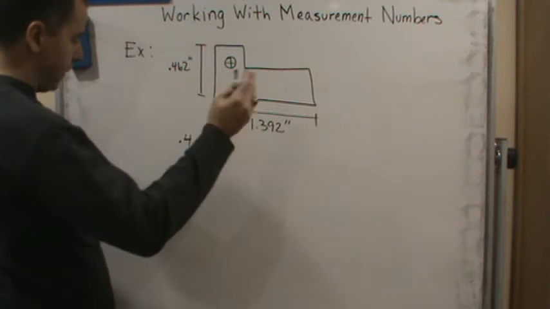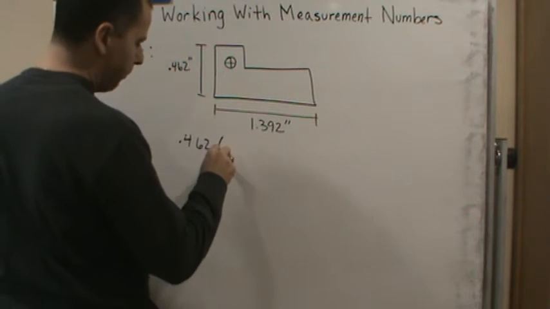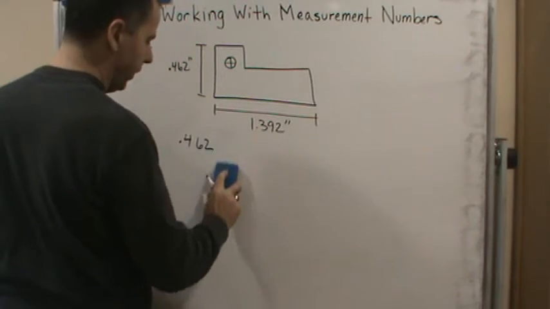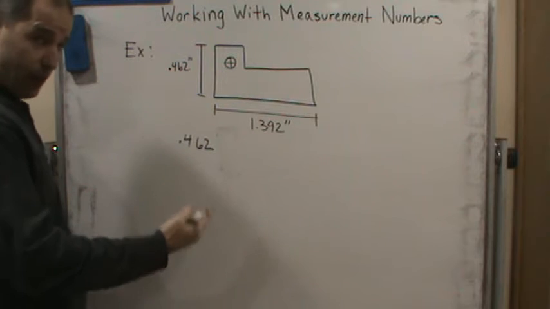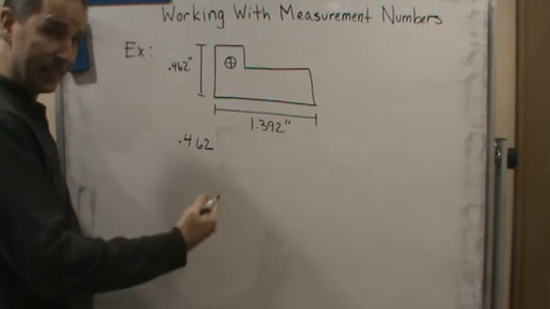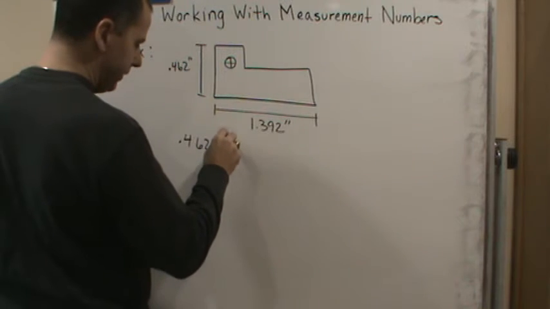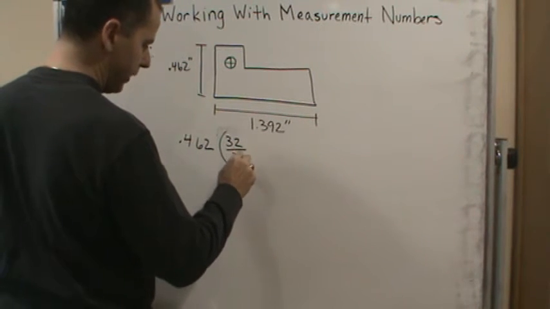And you're thinking, by 1? I'm talking about a form of 1. We need a fraction with 32 in the denominator. What's a form of 1 that will give us that? Well, we can multiply by 32 divided by 32.